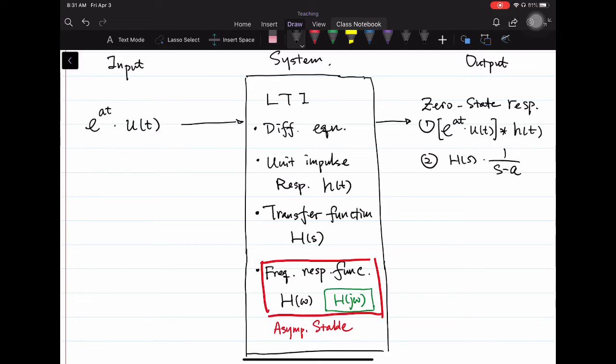The second type of input is when you have a constant, f of t equal to a constant c. This is our DC input. When we talk about the response in this case, it typically refers to the forced response.